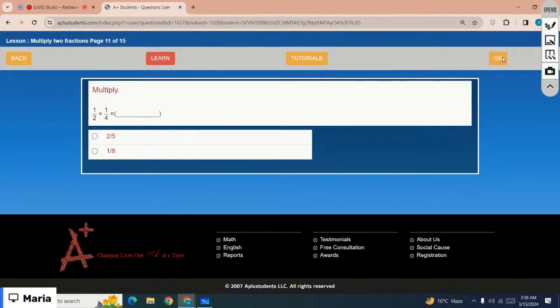So which is the correct option? Very good. That is 1 out of 8.